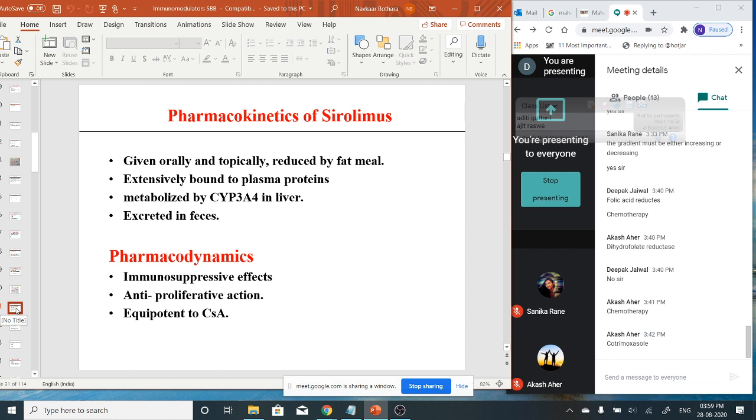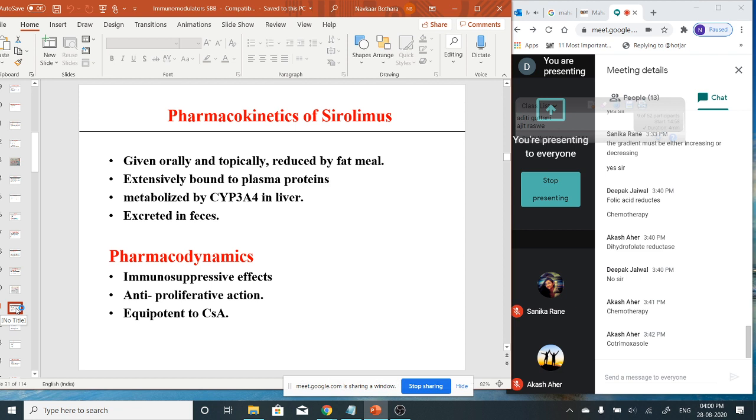So it can be given orally, topically. Absorption is reduced by a fatty meal. It is extensively bound to plasma protein. It is metabolized by CYP3A4 in the liver. It is excreted in feces.